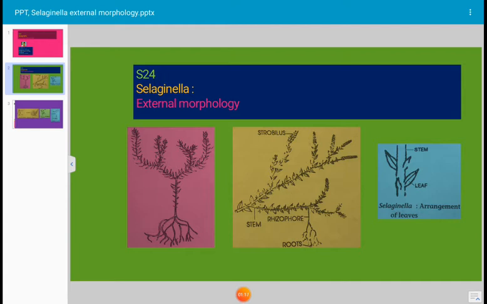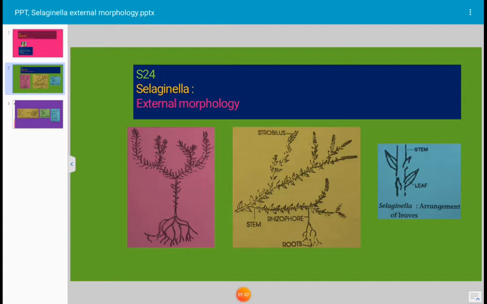The genus is often divided into two subgenera, that is Homeophyllum and Heterophyllum. Homo means similar, hetero means different. Homeophyllum means the stem is erect, having equal spirally arranged microphyllous leaves.